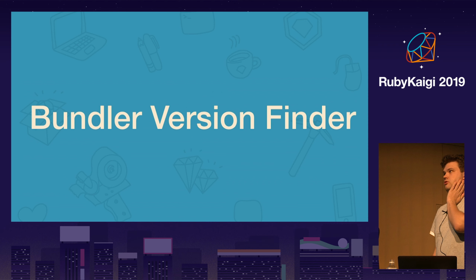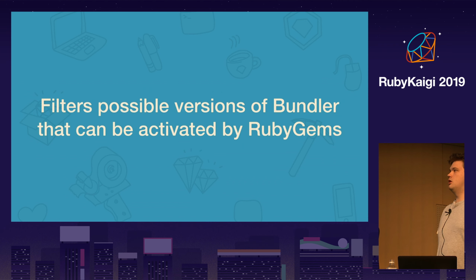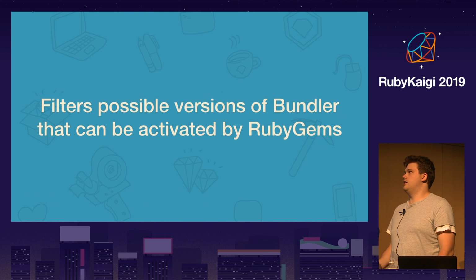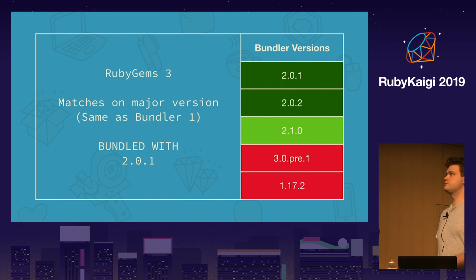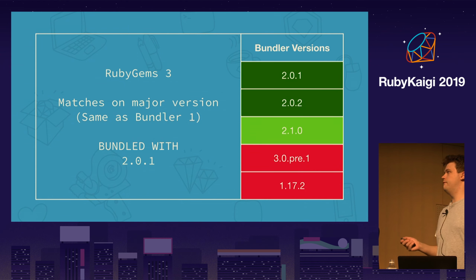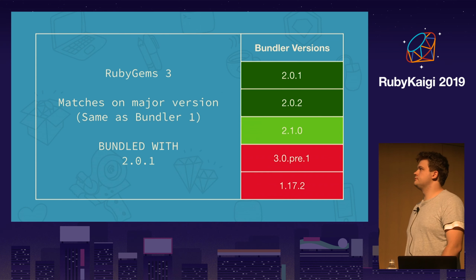Inside RubyGems, this is called the Bundler version finder, and its job is to basically filter the possible versions of Bundler that can be activated by RubyGems. So here's just a quick table to see how this works in RubyGems 3. I have 5 versions of Bundler installed: 2.0.1, 2.0.2, Bundler 1, Bundler 3.